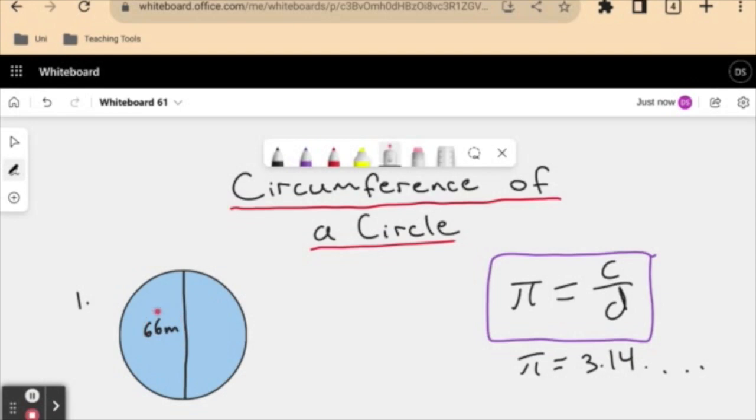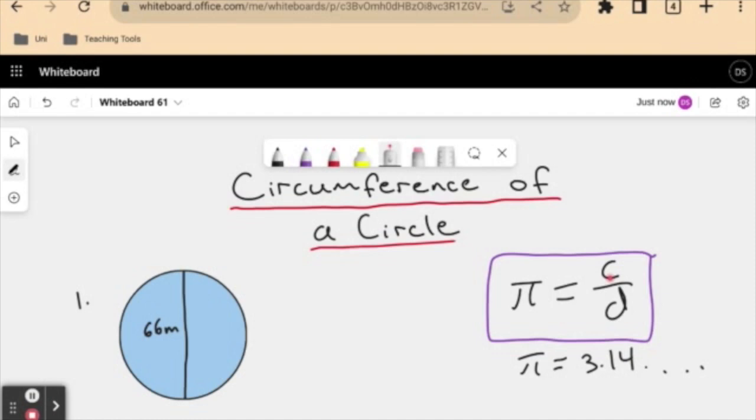Now, because we have expressed pi as the ratio of circumference to diameter, this is just a type of equation. And what we've learned from equations, we can just rearrange this as we need to solve for different things.